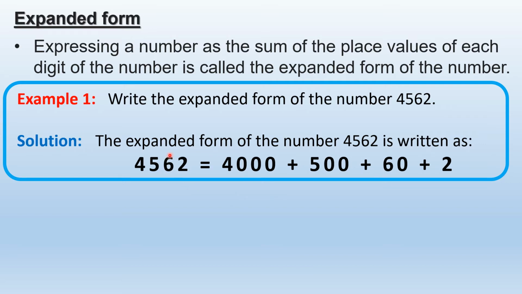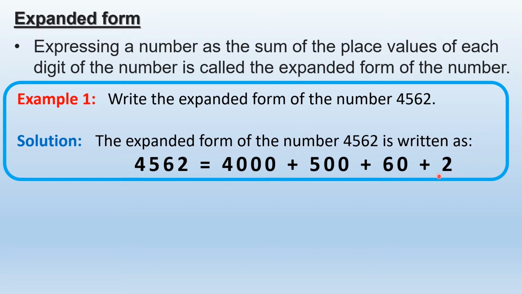The digit 6 is in 10's place, that means 6 tens are there in the number. 6 tens is equal to 60. So we will write 60 here, and we will put a plus mark, and the digit 2 is in 1's place. 2 ones is equal to 2. We will write 2 here.